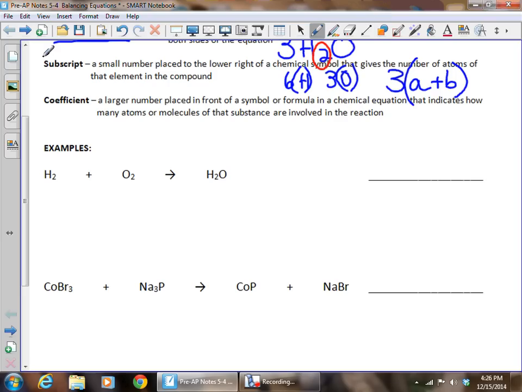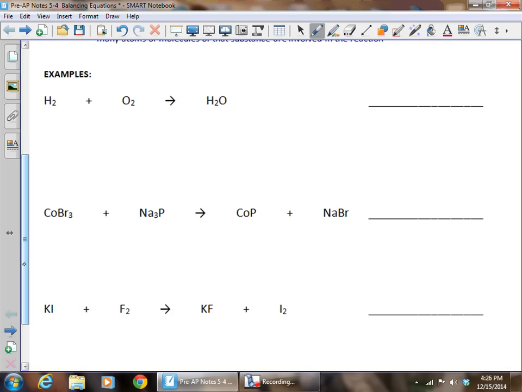So we're going to put a blank. Whoa, that just moved that everywhere. Let's try this again. A blank in front of all these. And this is going to show us the only place that we're going to be able to put coefficients in these chemical reactions. So I'll continue that as we move down the page.